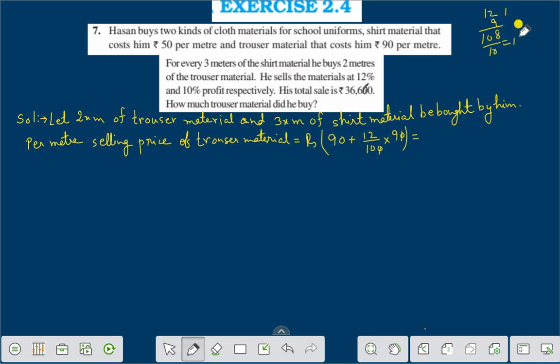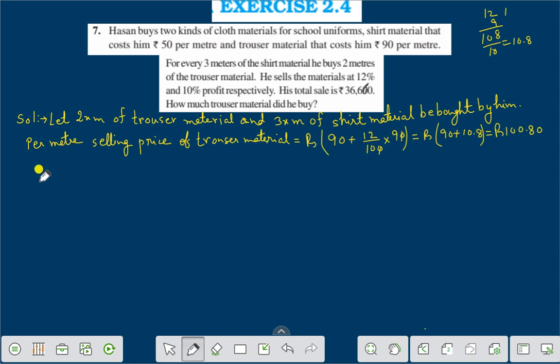Therefore we are getting rupees 90 plus 10.8. We add the numbers, we are getting rupees 100.80. This is the selling price of trouser material.